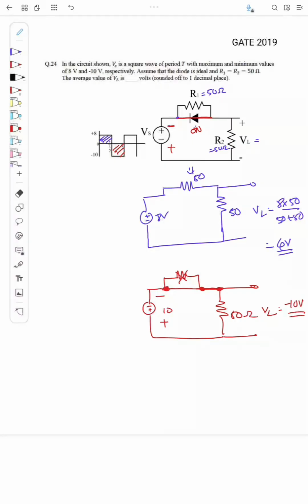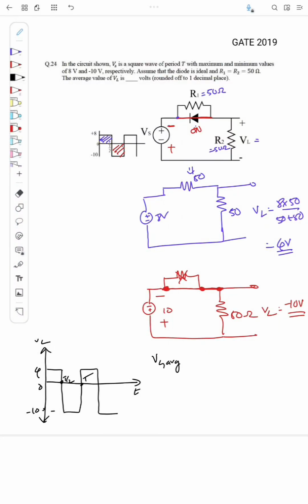So we'll draw the output VL. Now VL is like this. This is 4 and this is minus 10. This node is T by 2 and this is T. We need to find the VL average. VL average will be equal to the net area between 0 to T, because it is repeating with period T, divided by the base T. I can say this is area A1 and this is area A2.